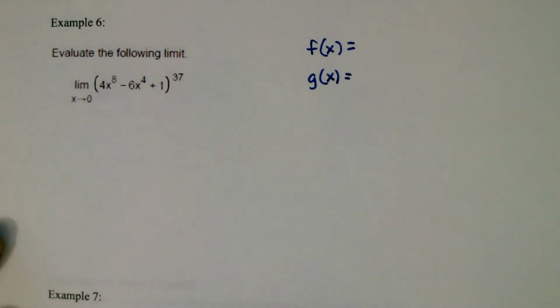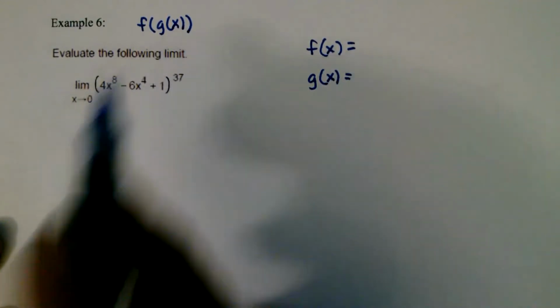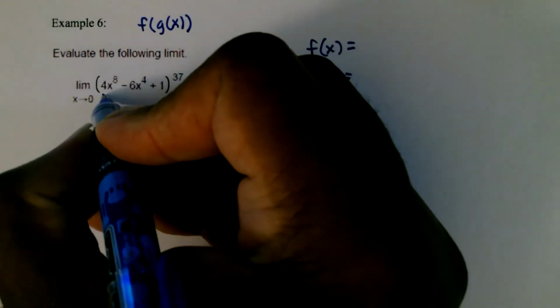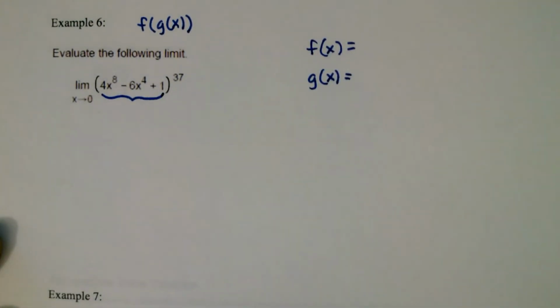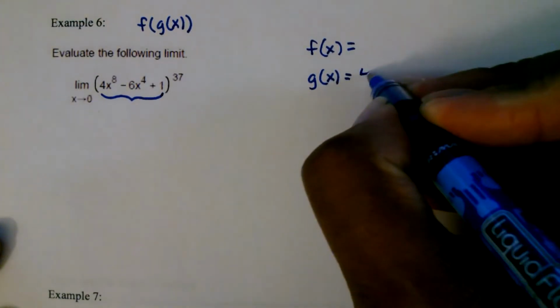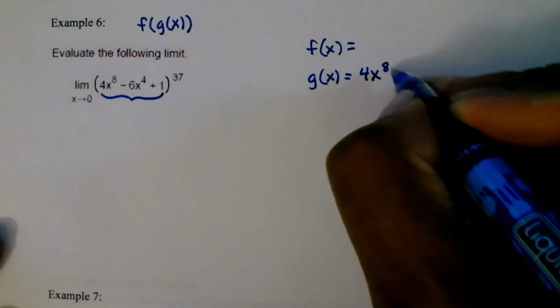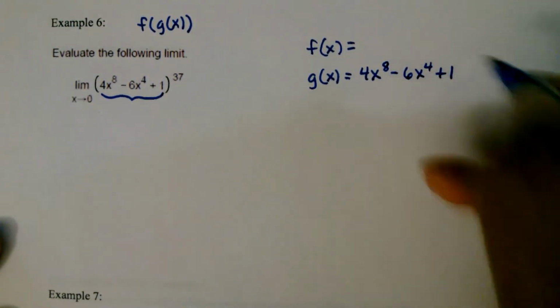Since we're dealing with f of g of x, g of x is the inside function, so what's inside the parentheses will have to be g of x. That g of x in this case will be 4x to the 8th minus 6x to the 4th plus 1.